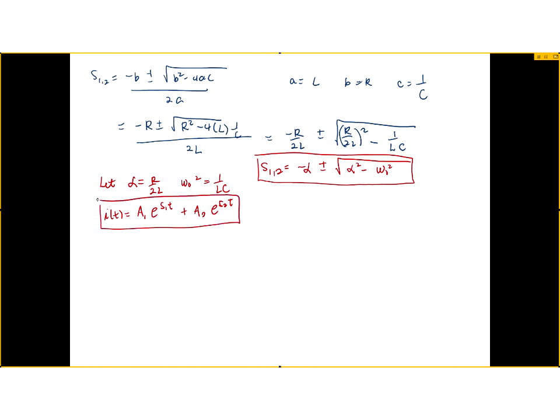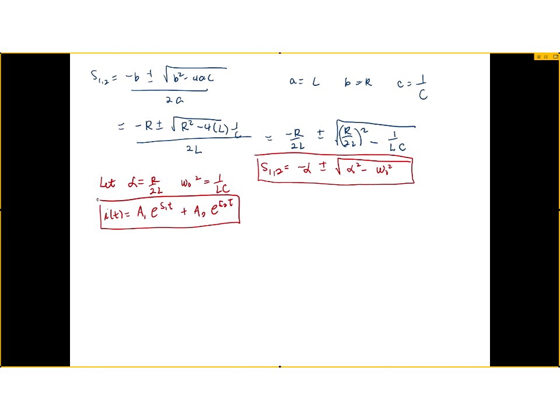Now, the actual behavior of this function as a function of time will depend on the nature of s. What do I mean by nature of s? s is the root of a quadratic equation, and from algebra we can have different cases, right?